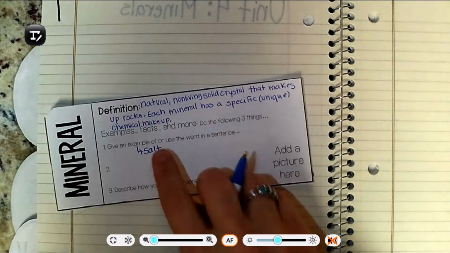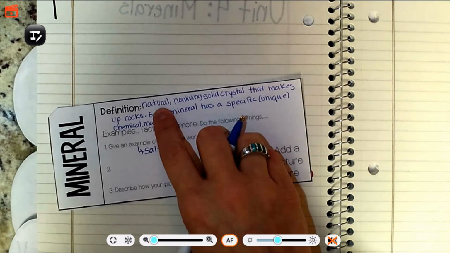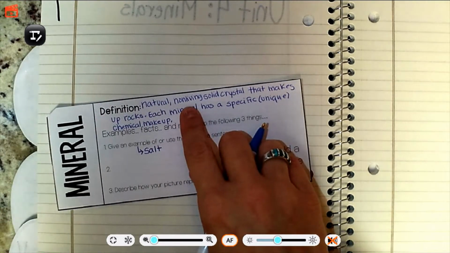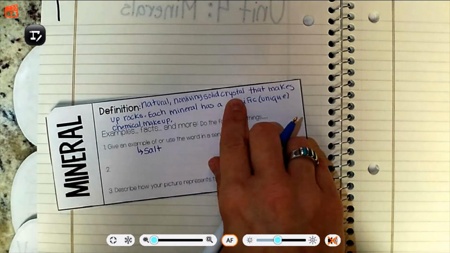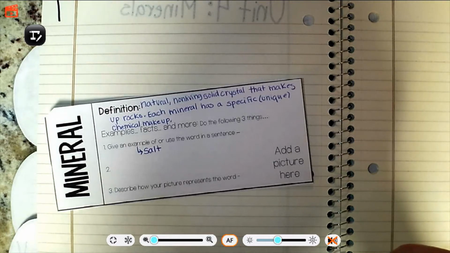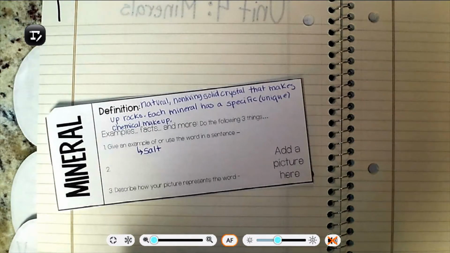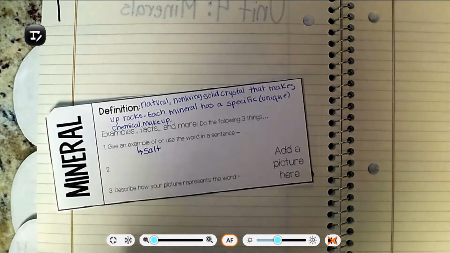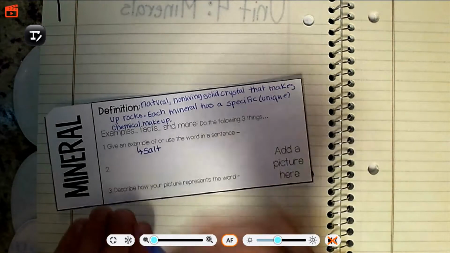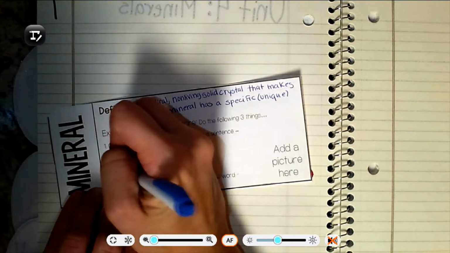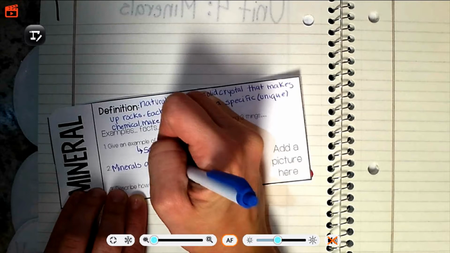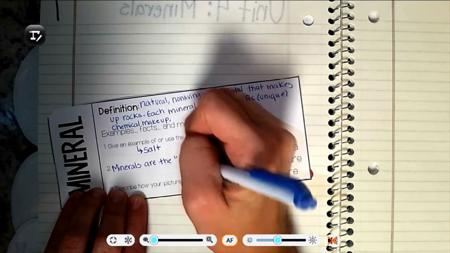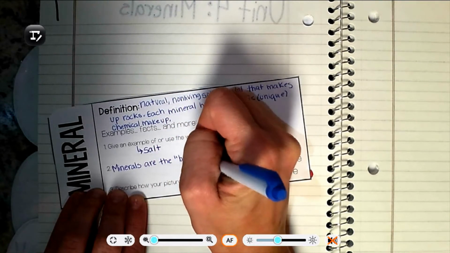Now let's think about salt. It occurs in nature, that's true. It is not living, it doesn't breathe, it doesn't walk and do that stuff. Salt is solid. And if you look at salt grains, they are shiny and stuff like a crystal. For number 2, I want you to write the additional fact, something to remember, that minerals are the "building blocks".